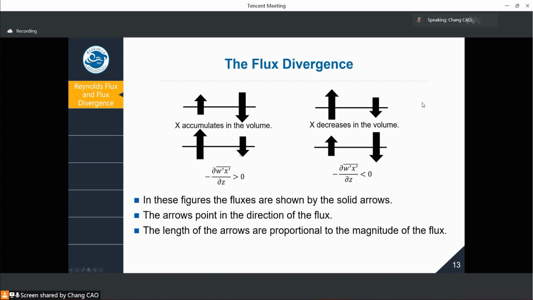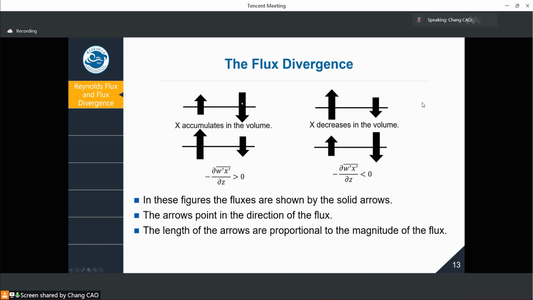Let's look at it this way. As z becomes higher, this negative one has a longer length than this one, right? But please remember, it is negative because the arrow is downward.